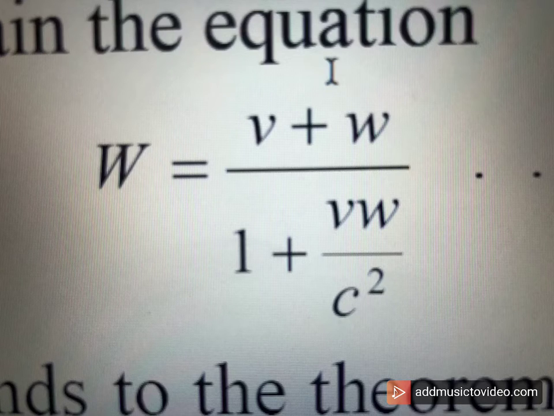Instead of the equation W equals v plus w, we then obtain the equation W equals (v plus w) over (1 plus v w over c squared). This is equation B, which corresponds to the theorem of addition for velocities in one direction according to the theory of relativity.